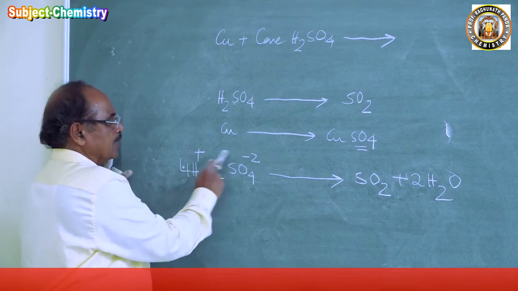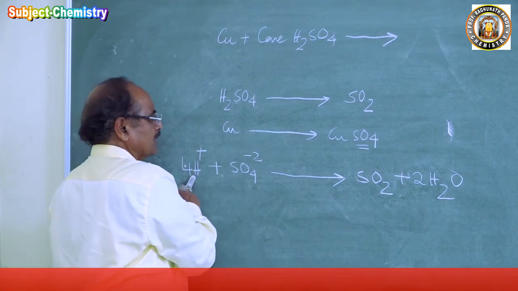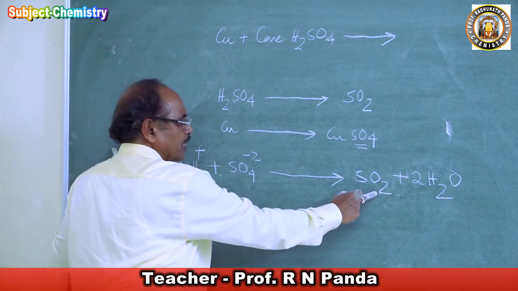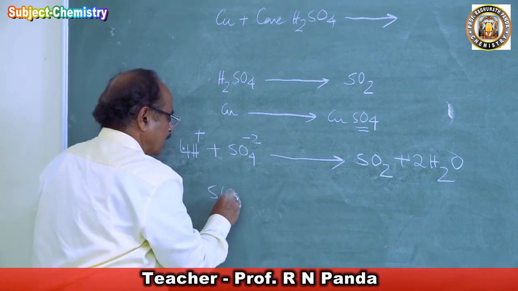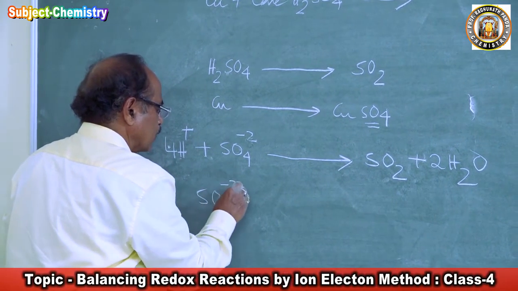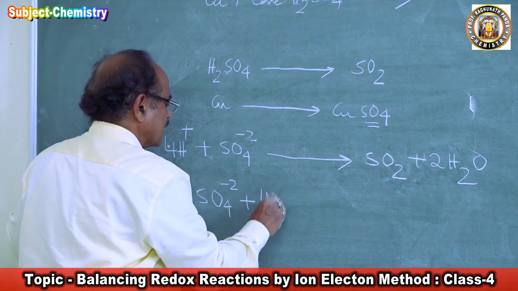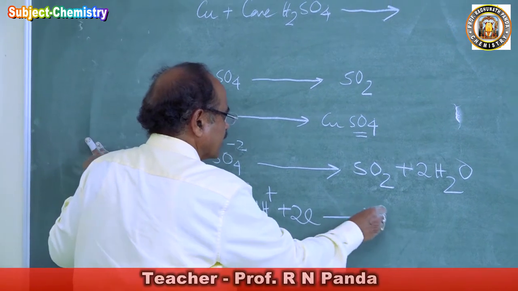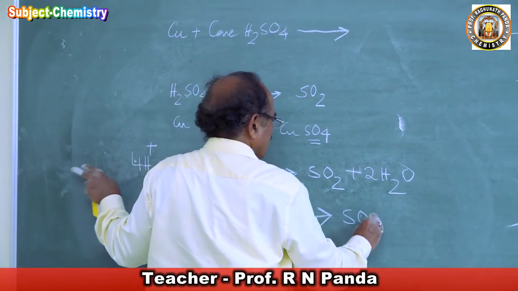How many charges on this side? We have 4 positive, 2 negative, so 2 positive this side and no charge on the other side. So we will have to add 2 electrons. So SO4 minus 2 plus 4H plus plus 2 electrons will give us SO2 plus 2 water.